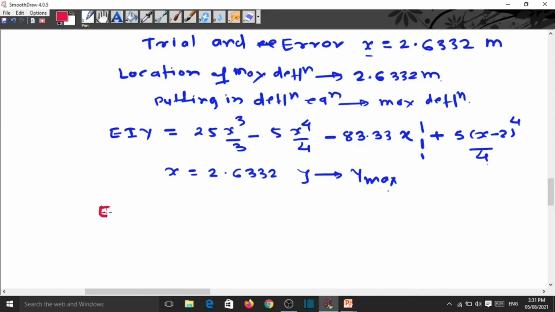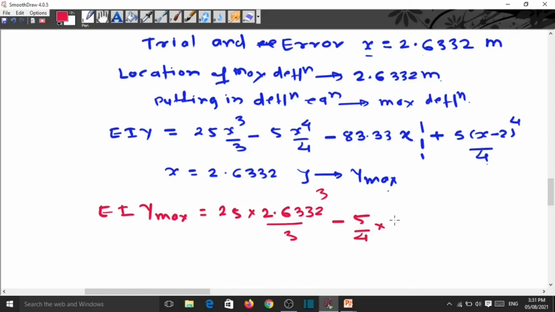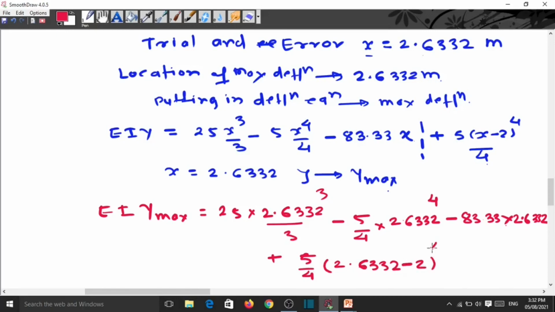Now EI y max is equal to 25 into 2.6332 raised to power 3 by 3 minus 5 by 4 into 2.6332 raised to power 4 minus 83.33 into 2.6332, then plus 5 by 4 in bracket (2.6332 minus 2) raised to power 4.